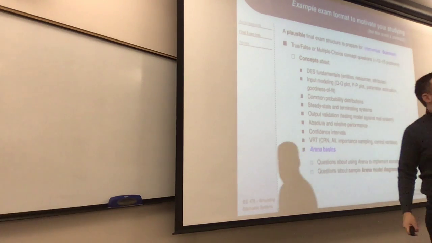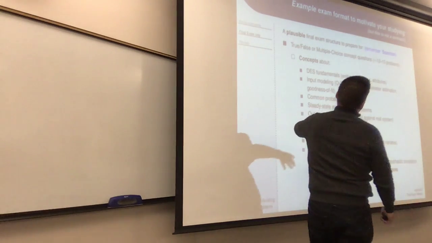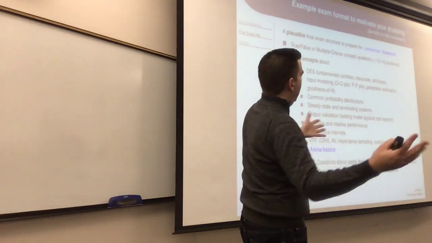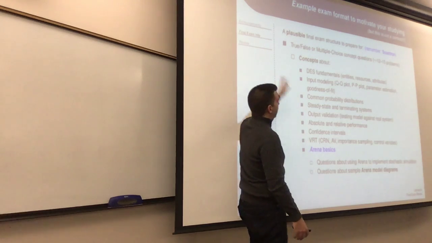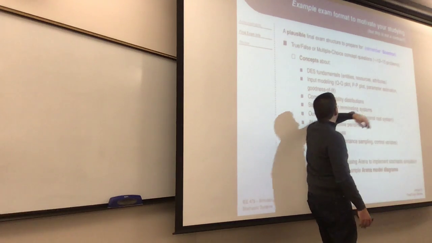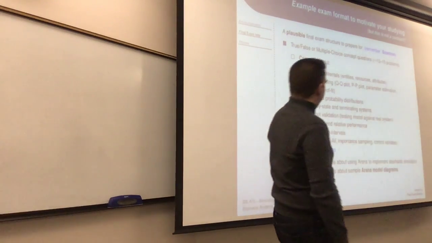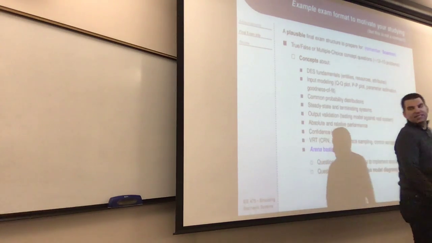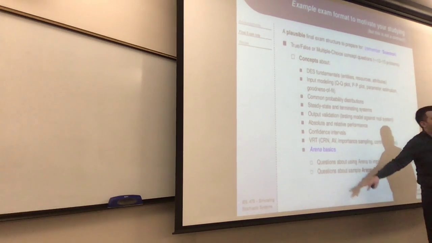But what I start with when I build an exam is roughly 12 to 15 problems, if I had the full 110 minutes, with multiple choice and true/false questions that cover concepts from DES fundamentals, basics, what is an entity, a resource, input modeling, a couple things about can you choose the right probability distribution, do you know the difference between steady state and terminating stuff, performance stuff, VRTs, and then there are definitely questions about ARENA.